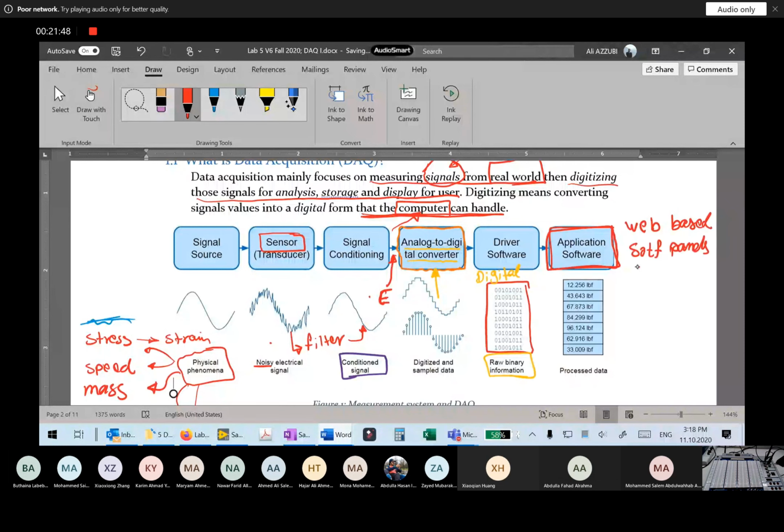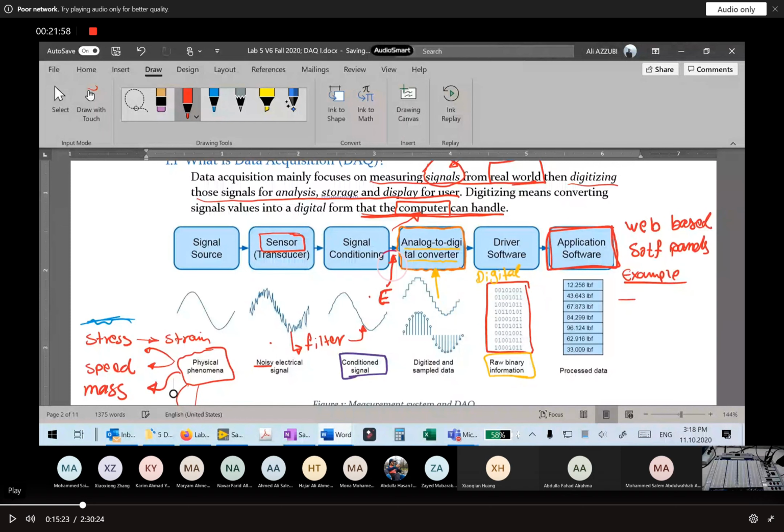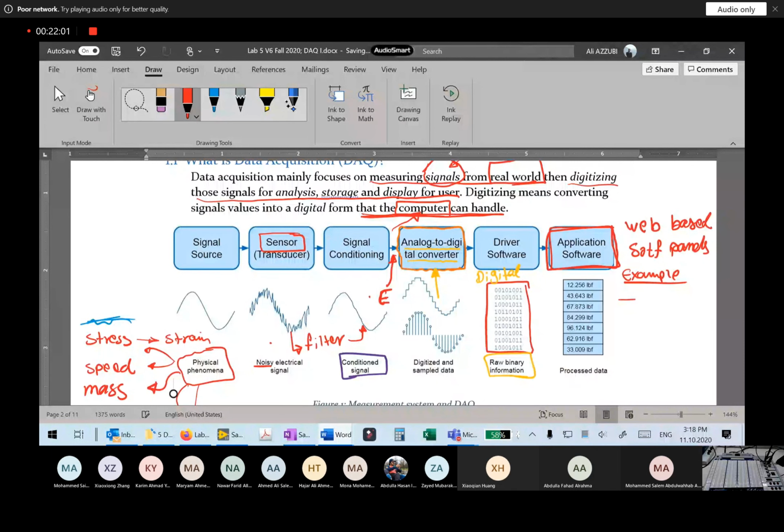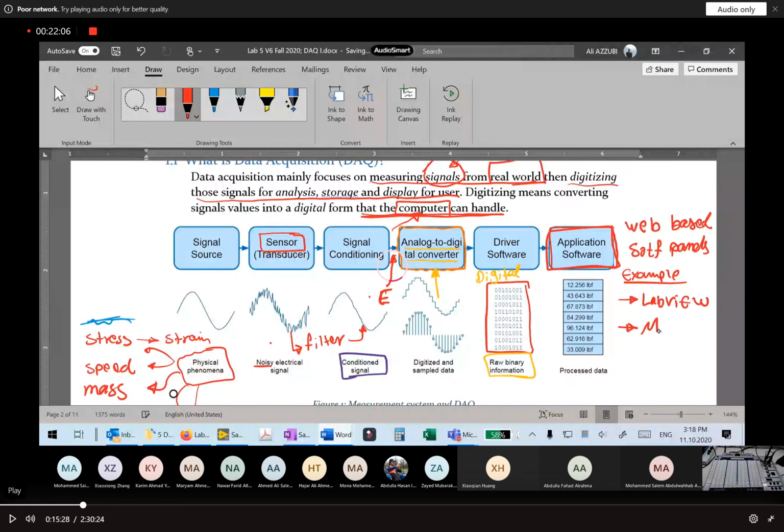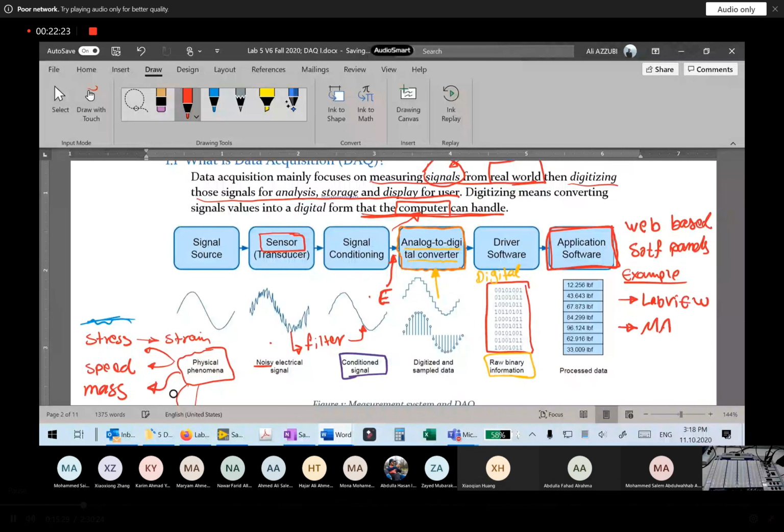Another example of application software is LabVIEW, which is very powerful. You can use MATLAB.